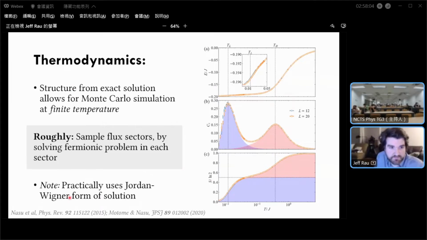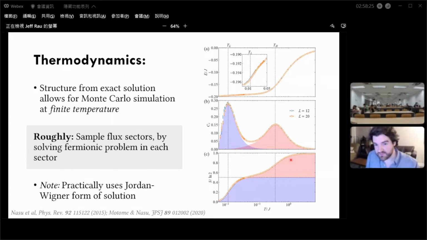And so this has been done. Basically we're sampling the flux sectors. For each flux sector, we're solving the fermionic problem in that sector, and then we're doing normal Monte Carlo on top of that. And you can extract thermodynamic properties, the energy, the heat capacity, and the entropy. And so I want to point out two features here.